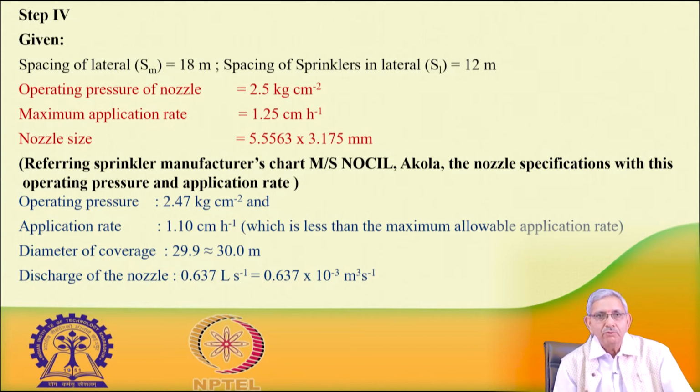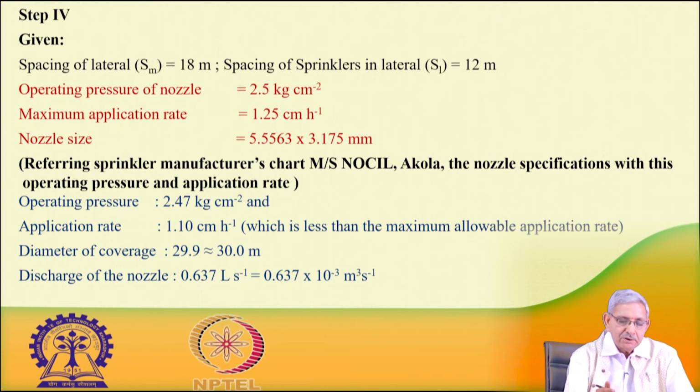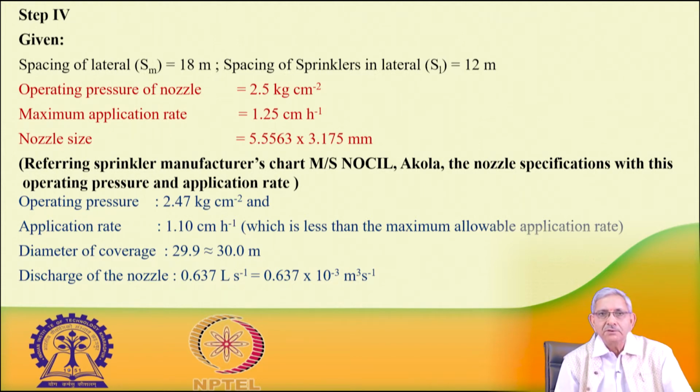Now, in step 4 of the question, we are given the spacing of laterals along the main, or spacing of sprinklers along the main, as 18 meter, and the spacing of sprinklers along the lateral is 12 meter. Now, we will be using the manufacturer's chart.